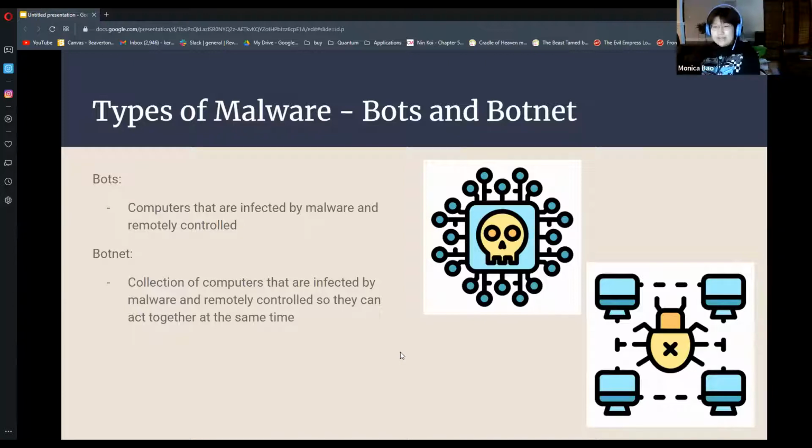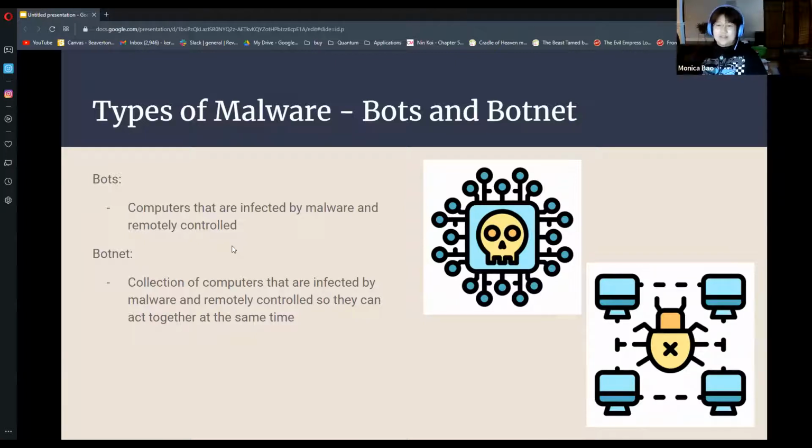Okay, bots and botnet. So they're kind of related, so that's why I put them on the same slide. But malware bots and internet bots can be programmed or hacked to break into user accounts, scan the internet for contact information to send spam or perform other harmful acts. And as the bullet point says, computers that are infected by malware and remotely controlled.